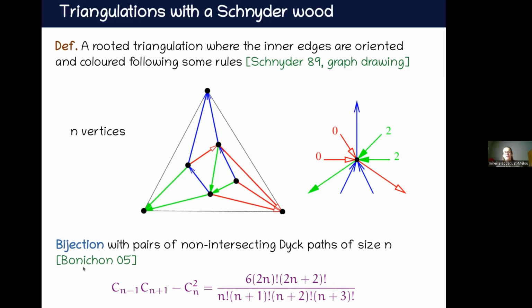Later, Nicolas Bonichon decided to count these triangulations equipped with a Schnyder wood, and he found a bijection with pairs of non-intersecting Dyck paths of size n, hence this formula.